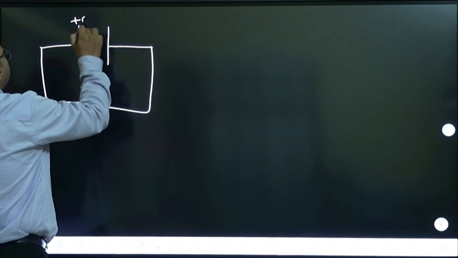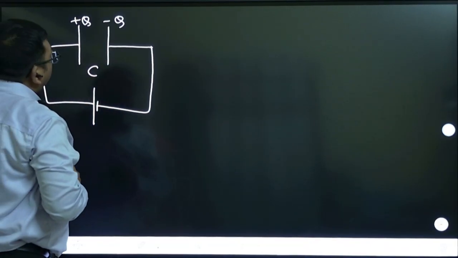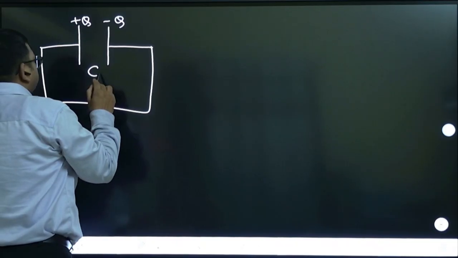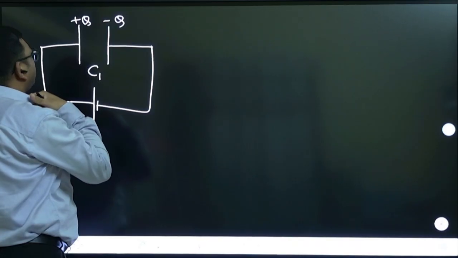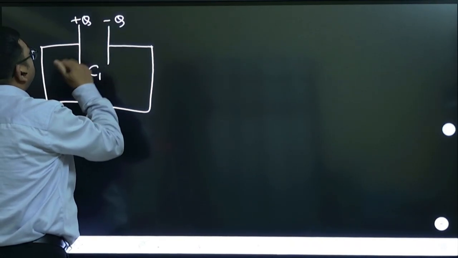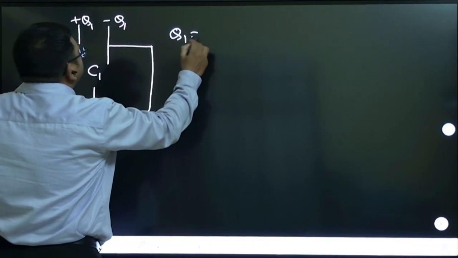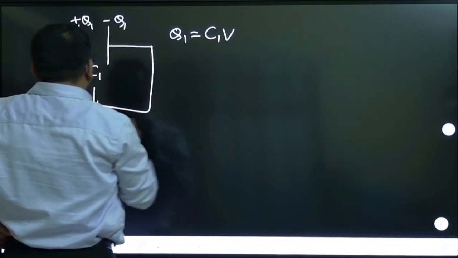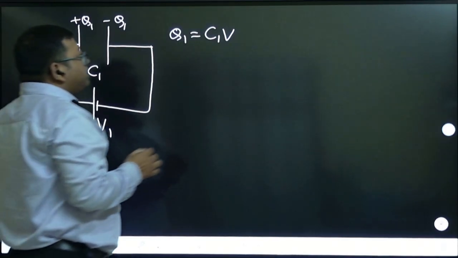So it will develop plus Q minus Q. Its capacitance is C1, let us say. So it will develop a charge, let us say plus Q1 minus Q1. So this charge Q1 is equal to C1 into V1, if you want to label the battery voltage as V1. Okay, so it will have this charge.